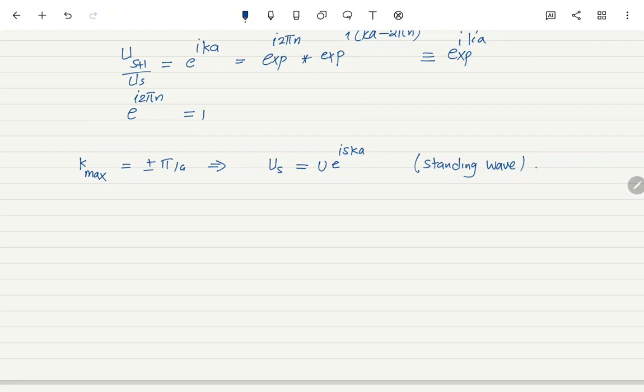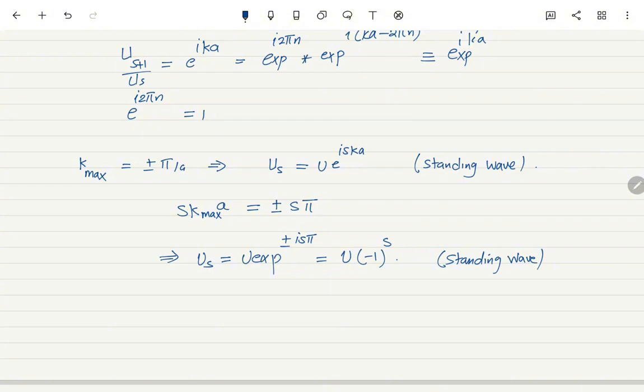And at the zone boundaries, s k max a is actually equal to plus or minus s pi. For that reason, u s here equal to u exponential plus minus I s pi, which equal to u times minus 1 to the power s. And again, this is a standing wave.